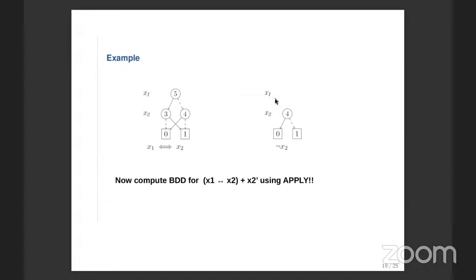It's the result of applying the redundant node reduction that gives the ROBDD this property. Does that answer your question? Yes, yes. Okay.